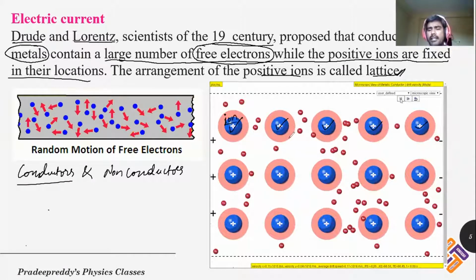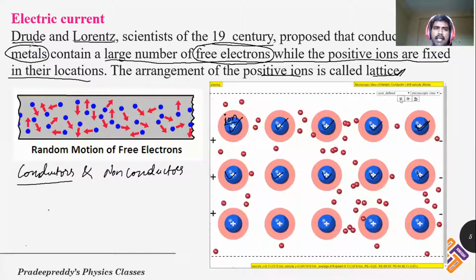Why is it called an ion? If an electron is removed from an atom, then it gains a positive charge, and it is called an ion. So these all are ions, right? Now, is there any motion in the ions? There is no motion of ions. Ions are fixed to their positions, but only electrons are able to move in a conductor, right?